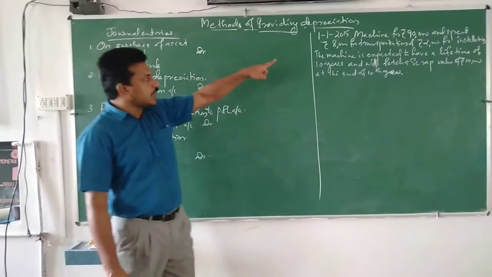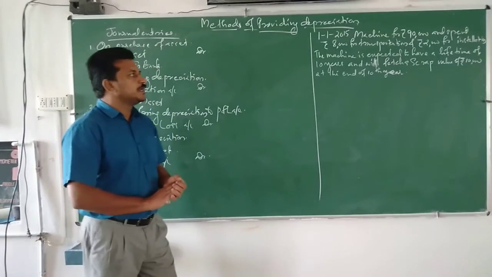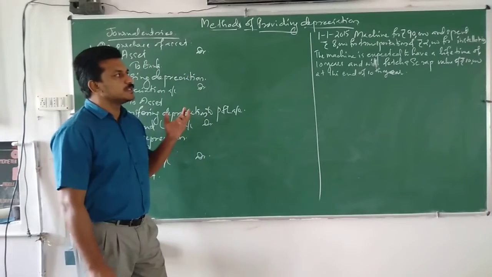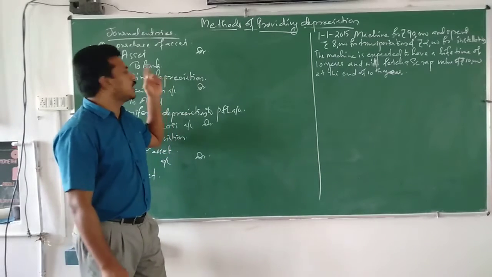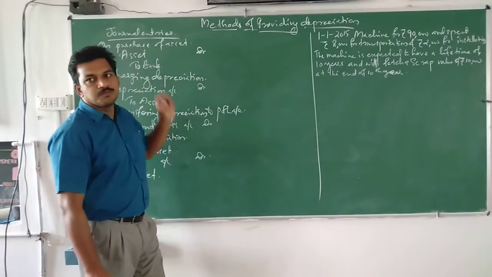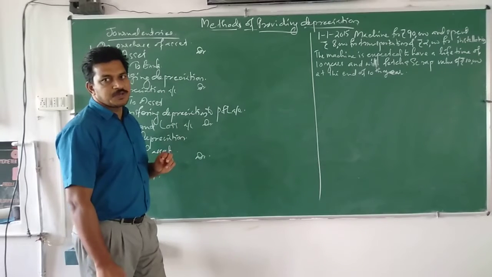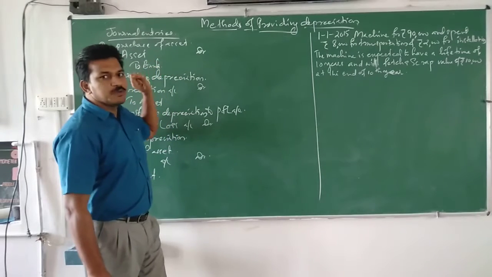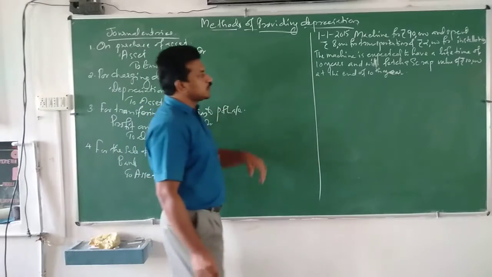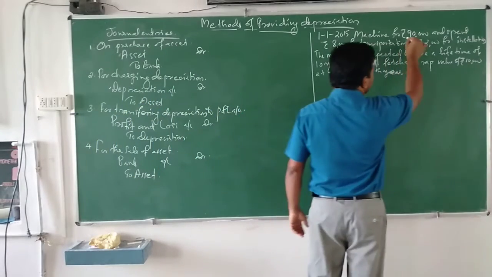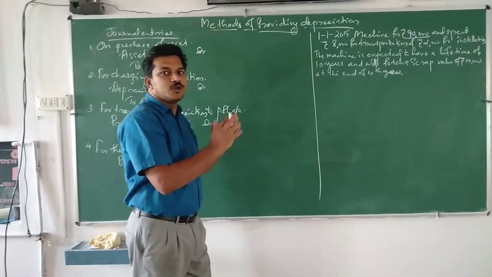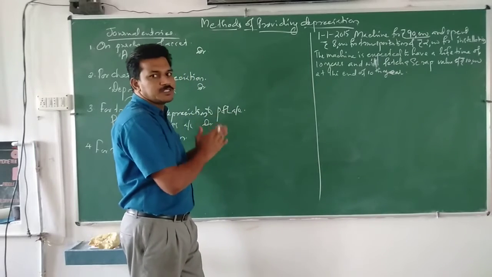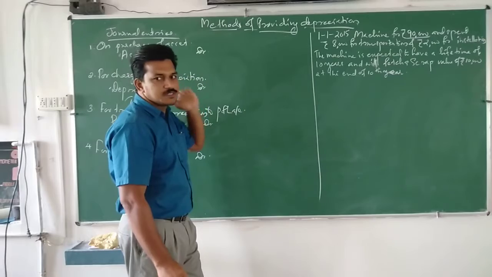Say on 1st January 2015, a machine for rupees 90,000 is purchased. So what is the cost of the machine? That will not be written as just the purchase price. The cost of the machine is not only the purchase price, but it includes all the amount which we spent till the machine starts its function.